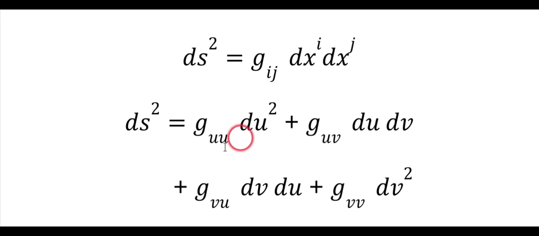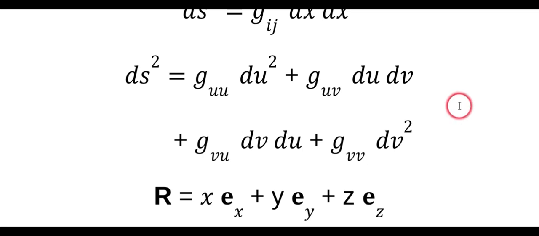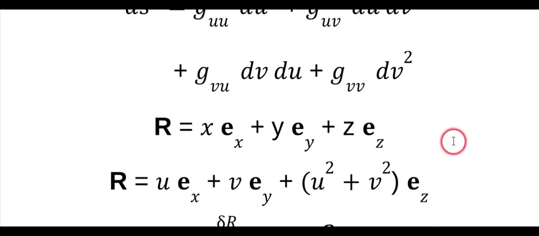So we need this. What we would do on that paraboloid, we would define a position vector r, which has x, y, and z components and the orthonormal basis of the vectors here. Then we put in our parameterizations. All right? So x is u, y is v, and z is this. Now we need to find our EU and EV basis vectors.